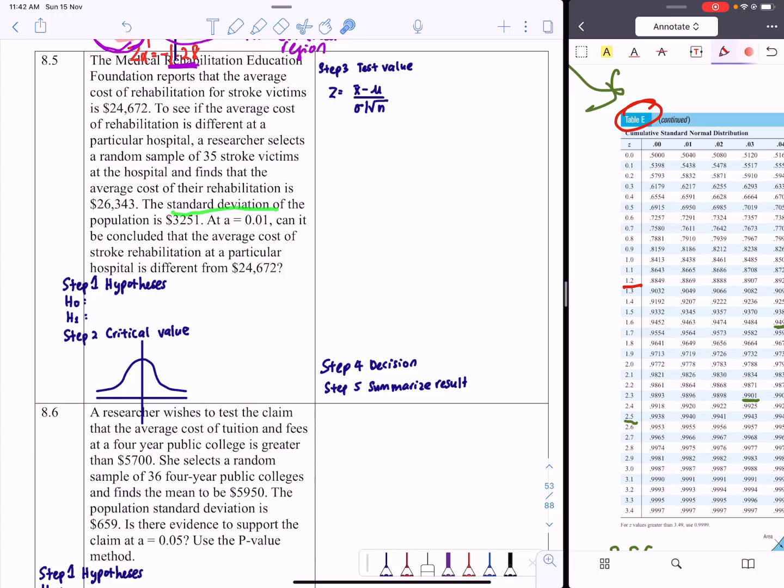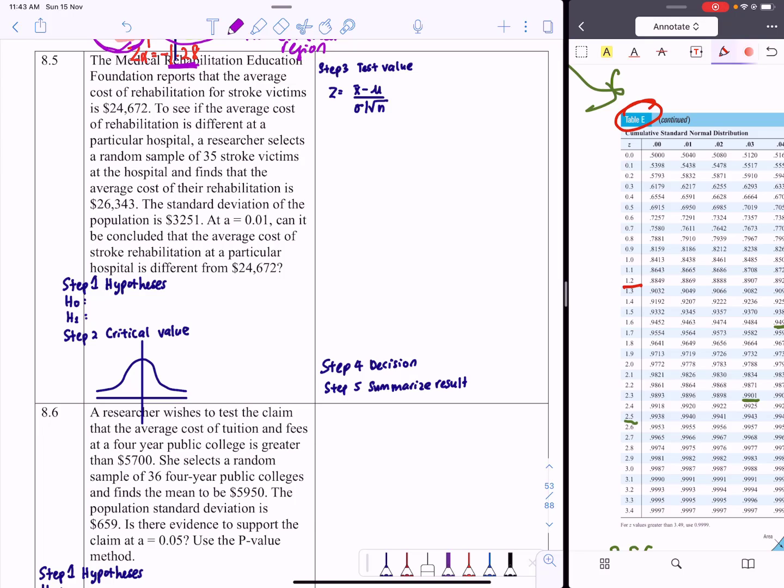The standard deviation of the population is $3,251. At alpha equals 0.01, can it be concluded that the average cost of stroke rehabilitation at the particular hospital is different from $24,672? Here we have "different"; it doesn't say less or greater, below or above.